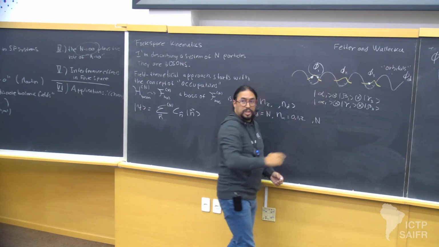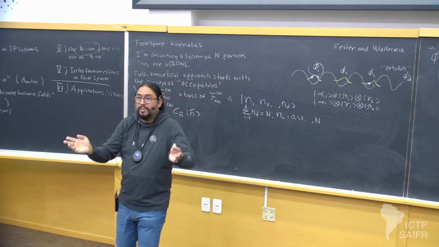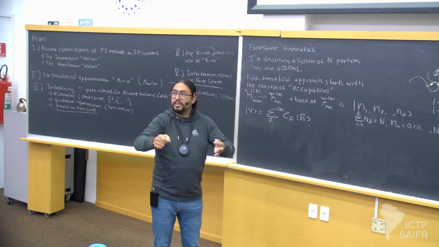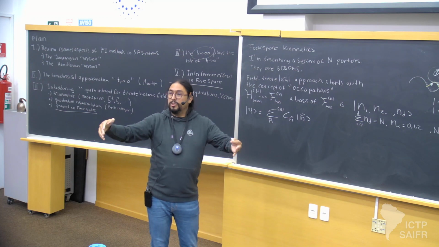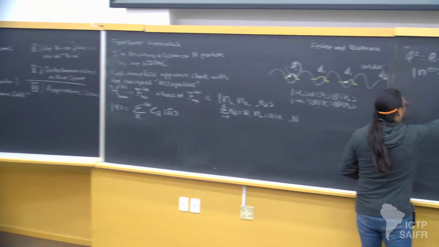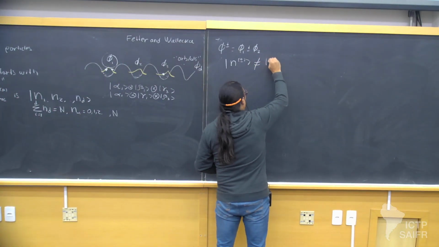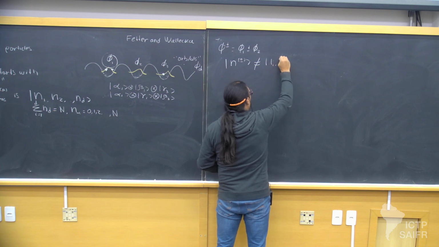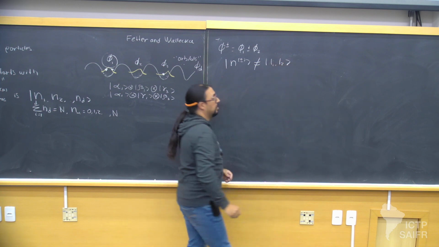It's in a superposition of these two. This we do all the time. That's a Schrödinger cat. We populate the states which are given by superpositions of other states. That's okay. This is not one particle in one and one particle in two.